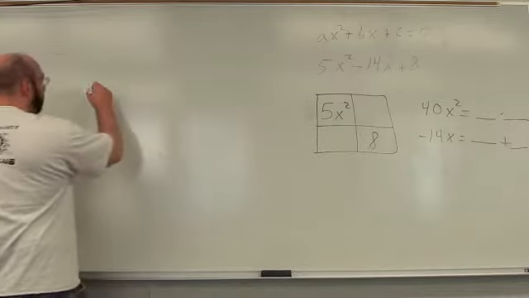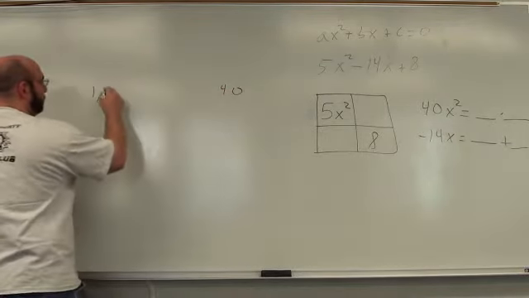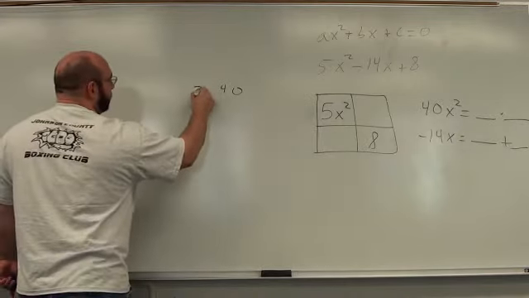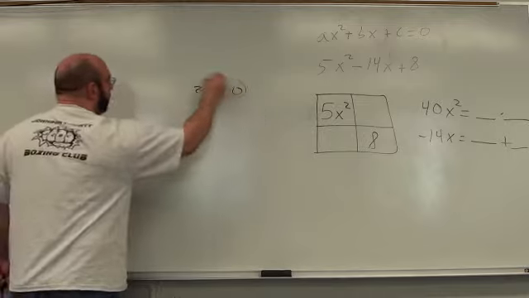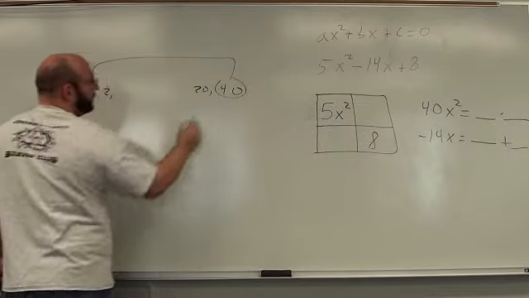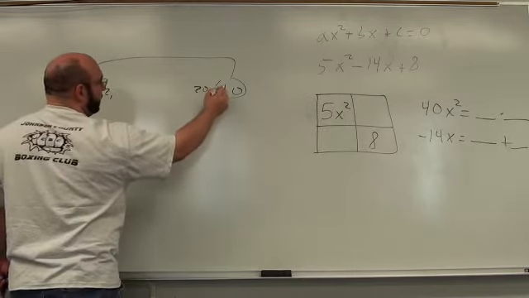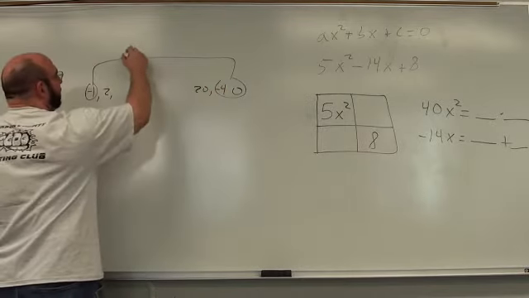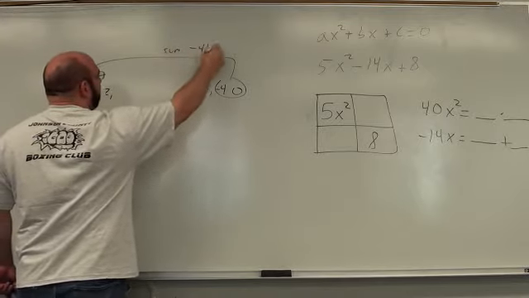So we're going to go 1 and 40, 2 and 20. Well, I know that 1 and 40, when I put them together, the sum is going to give me 40, and these are actually negatives and negatives, right? Negative times a negative. My sum is going to be negative 41x.